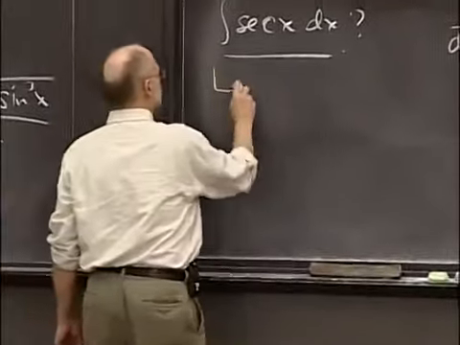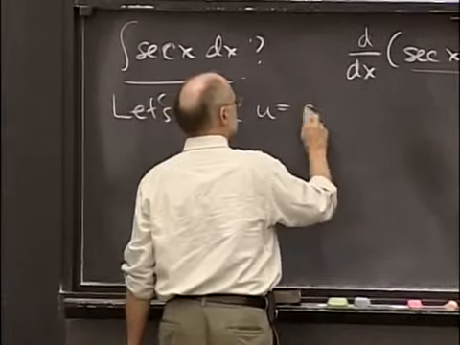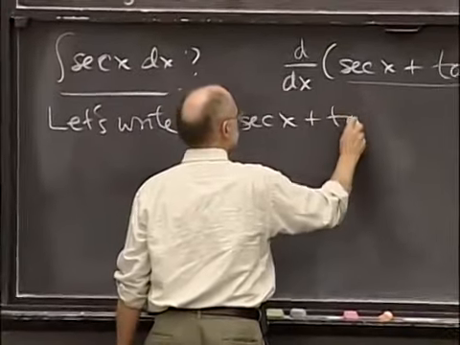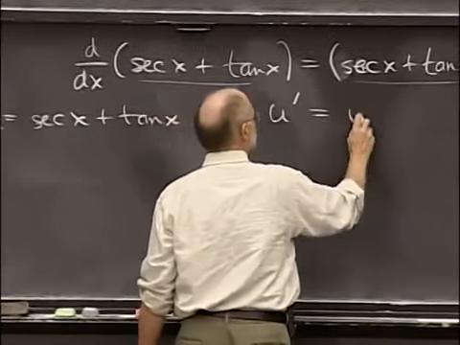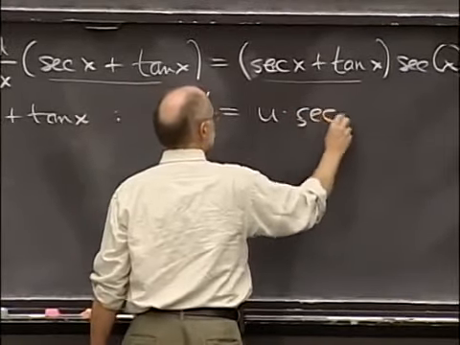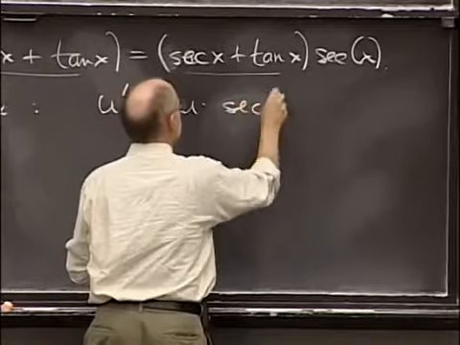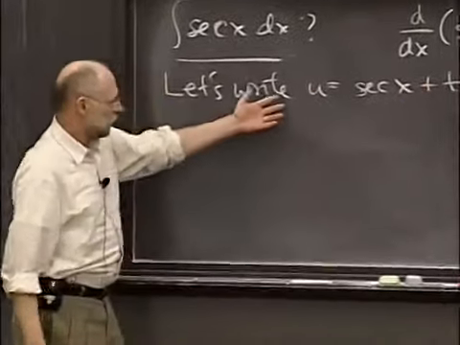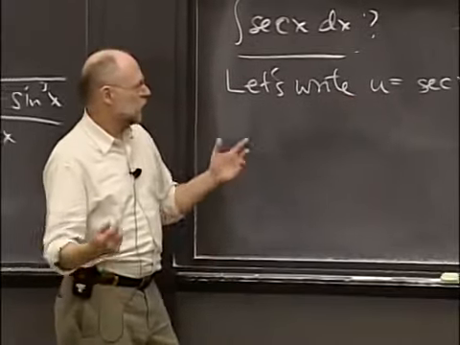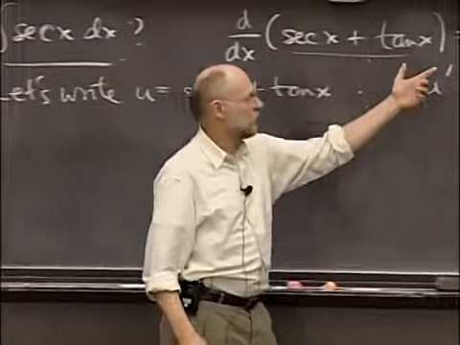So that's interesting because this same term appears on both sides of this equation. Let's write u for that secant x plus tangent of x. And so the equation that I get is u prime equals u times the secant of x. I've just made a direct substitution. I'm going to write u for that single thing that occurs on both sides of the equation.